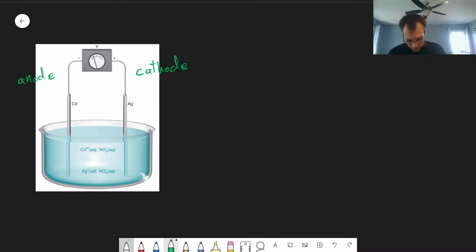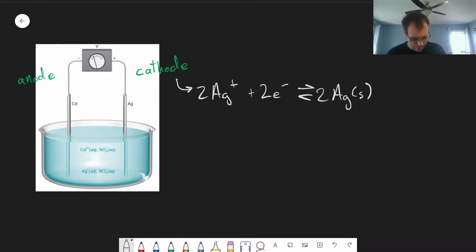So our cathode reaction, this is the reduction. We have two silver ions reacting with electrons to form silver metal. And on the anode side, we have cadmium metal giving up two electrons to form cadmium ions.